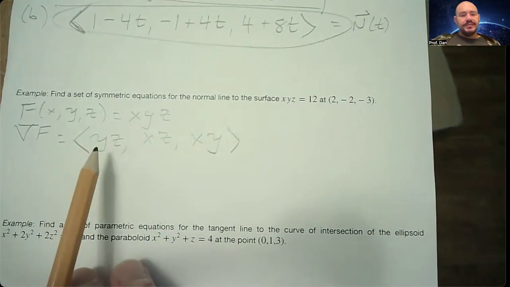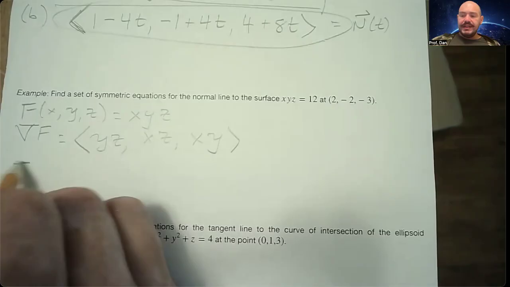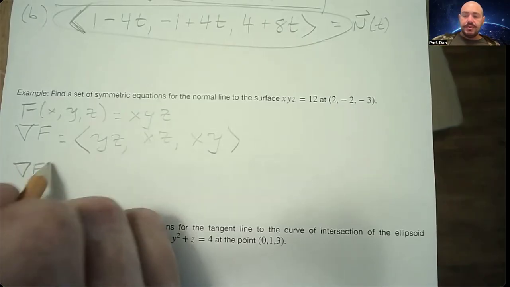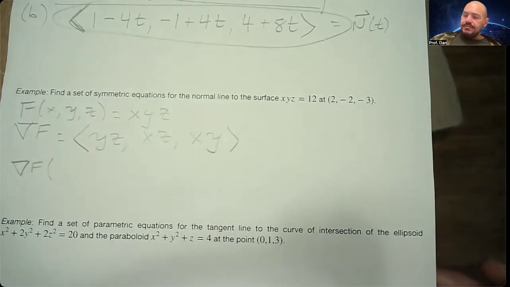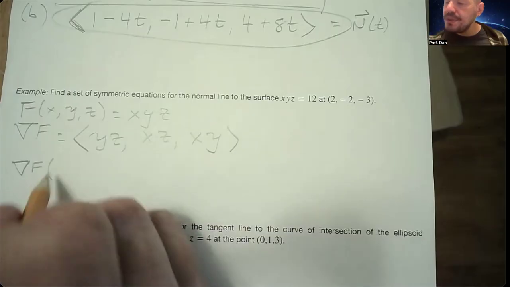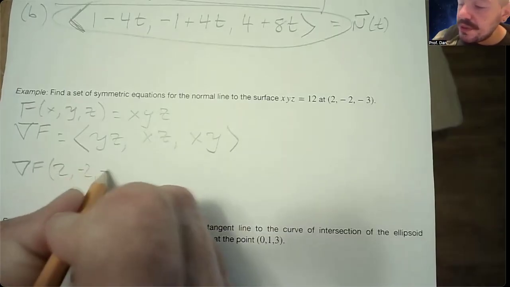So we've got our gradient. Now I want to find that gradient at the point to get my direction numbers, plugging in the point 2, -2, -3.